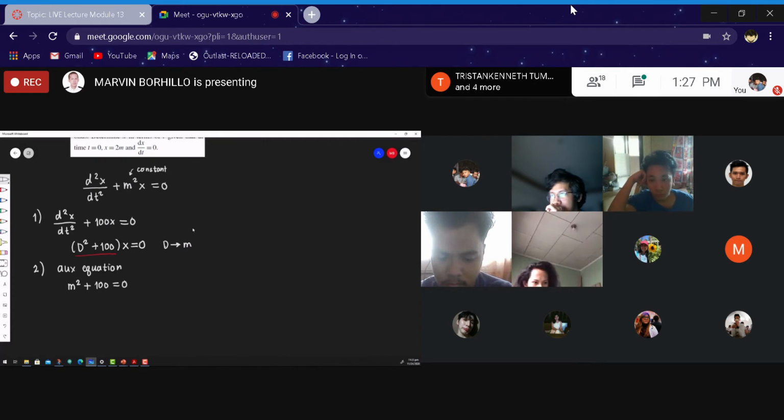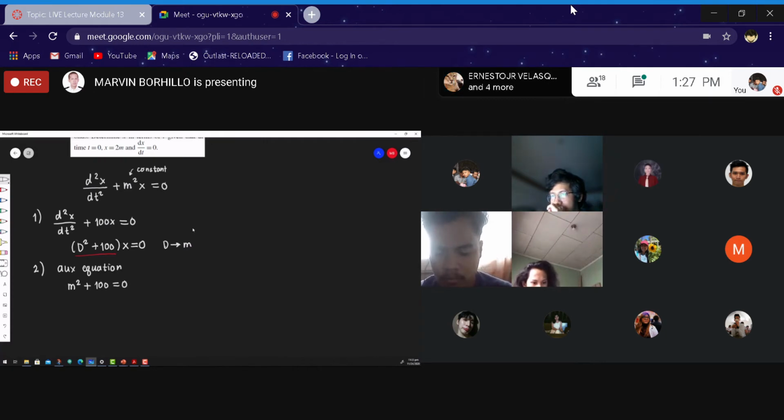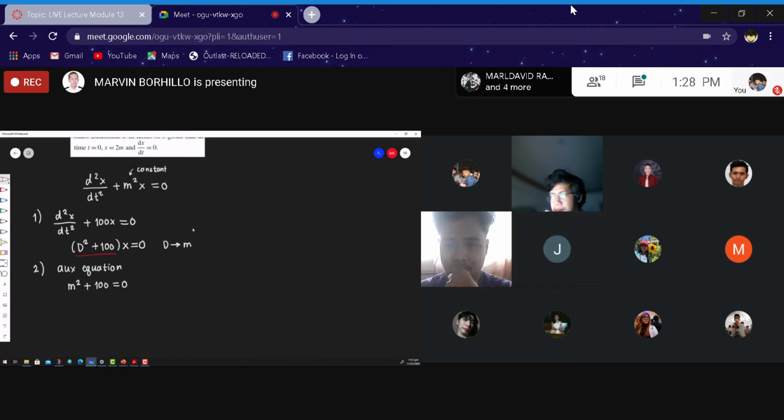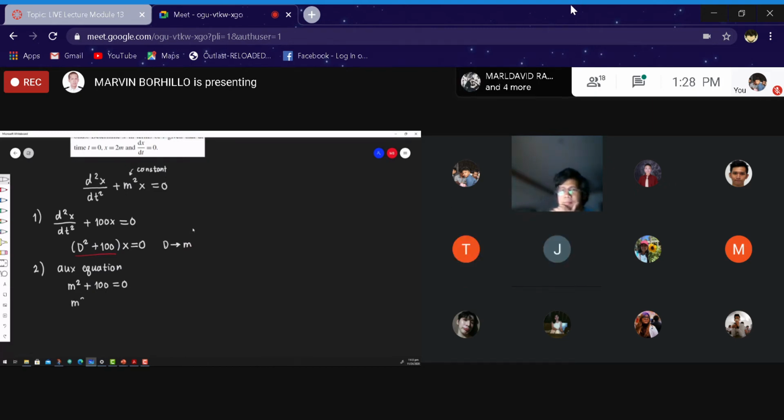We get the roots of this equation. Actually, if you use a Casio, the ES and MS models, it is automatic, using the quadratic function. But let's shortcut it, class. To get the roots, m squared is equal to negative 100.